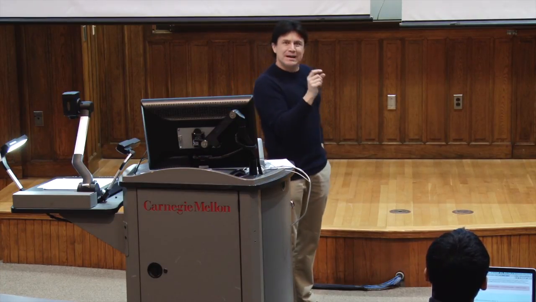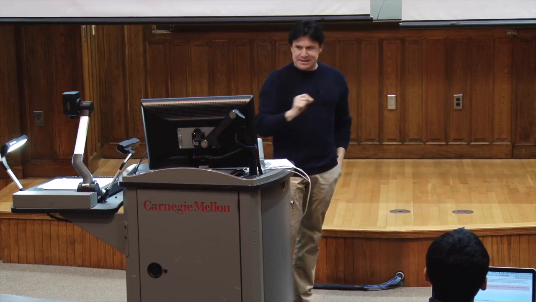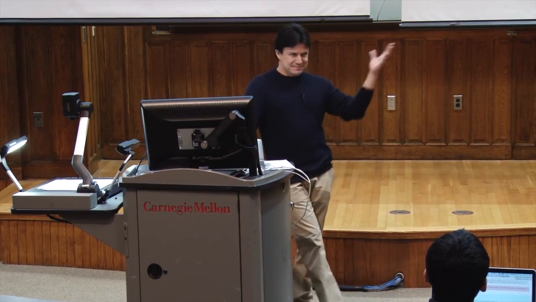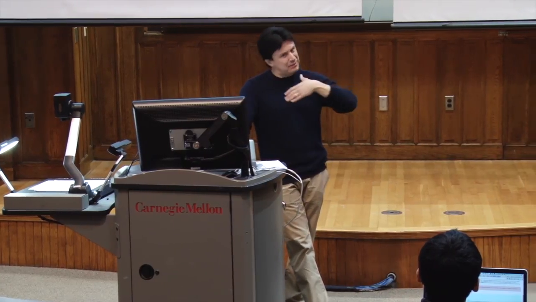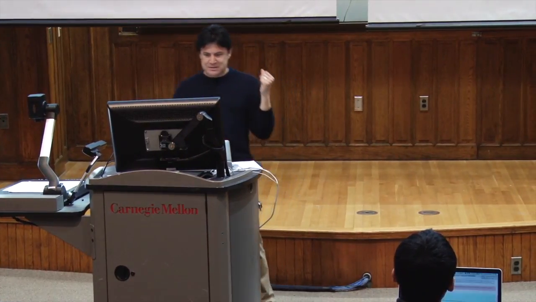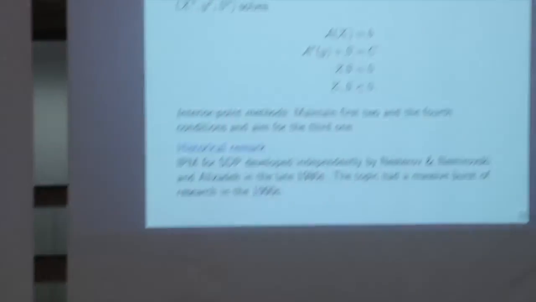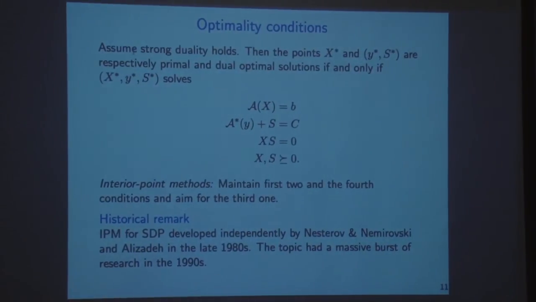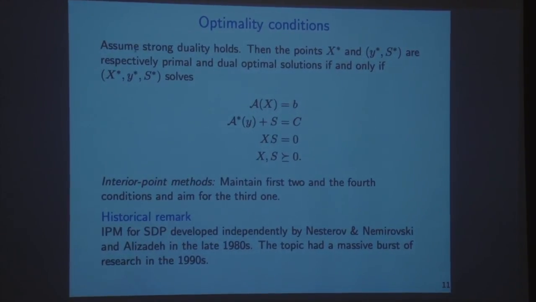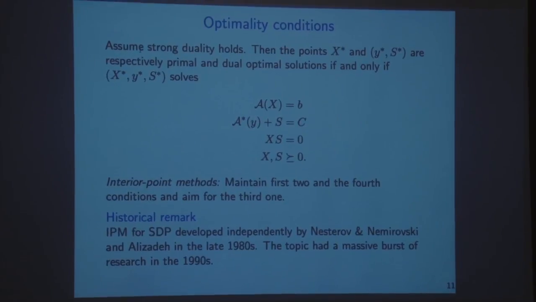And then at the same time, Farid Alizadeh was a PhD student, and he also independently developed all the machinery of interior point methods for semi-definite programming, which was really a remarkable achievement for a doctoral student. It's a nice model to emulate for those of you who are in grad school.